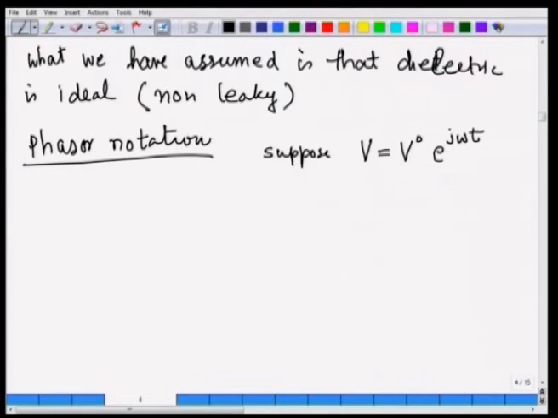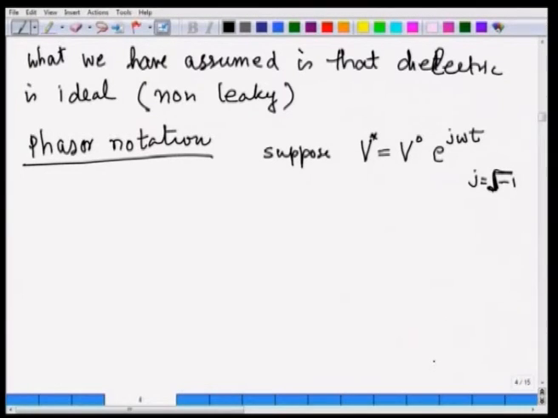That is the voltage we have applied. What is j? j is root minus 1. Some people prefer to use i instead of j. My preference is for j, but do not confuse them, it is the same thing. Remember, this will lead to a complex number.